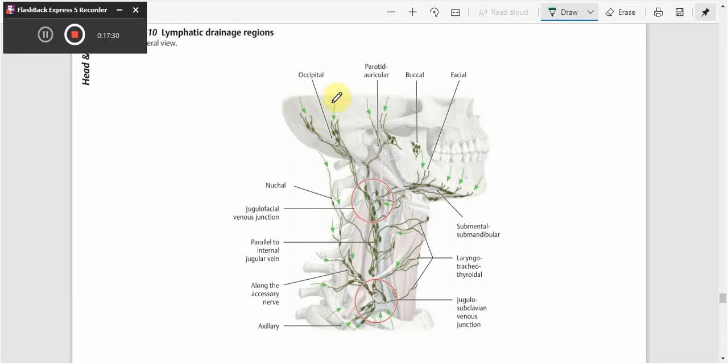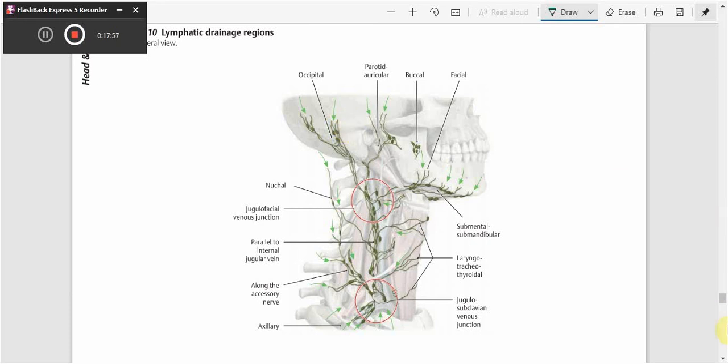The scalp of the occipital region drains over here. Strip of scalp that is above and behind the auricle, as well as the posterior wall of the auricle, the margin of the auricle, the upper part of the medial surface of the auricle, all of these are draining into the post-auricular lymph nodes.